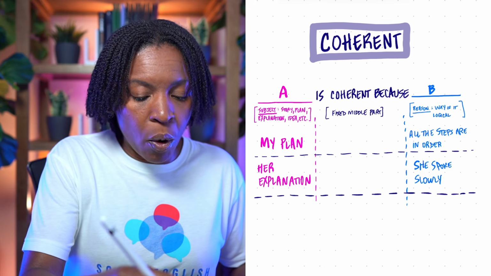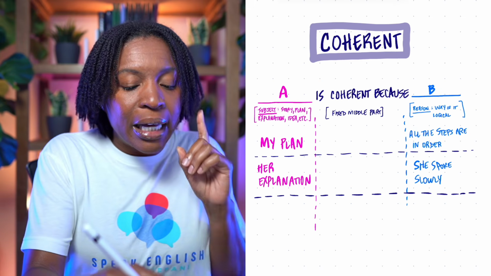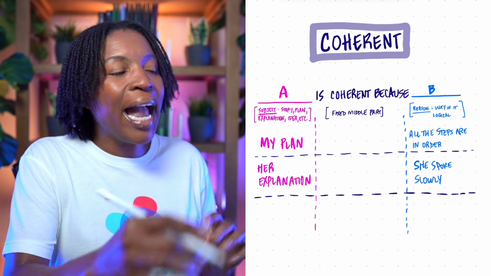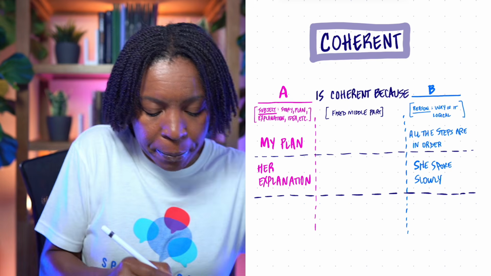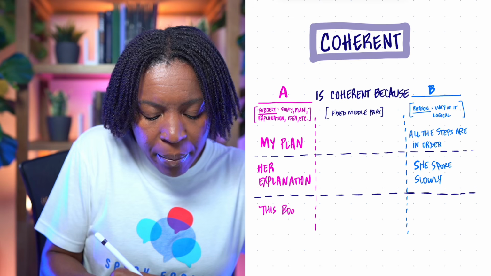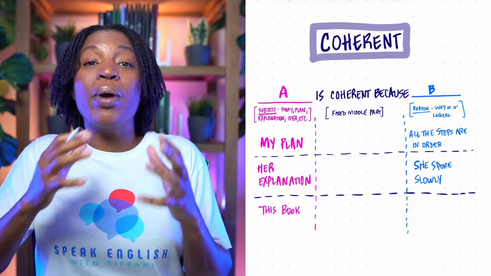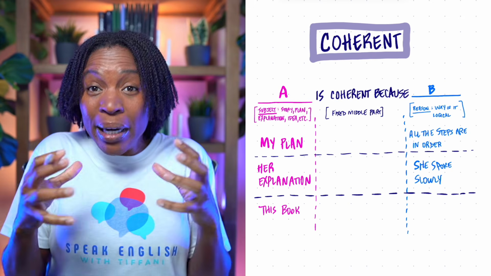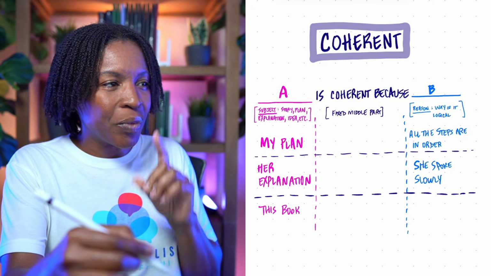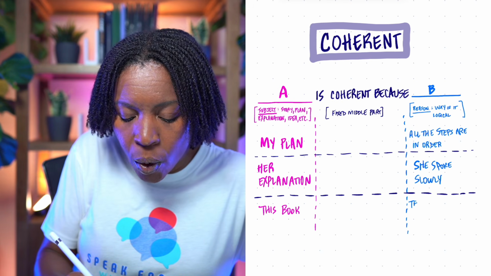Let's do one more. All right, so for our third example, again, based on this simple sentence structure. For letter A, we have this book. Remember, the middle portion stays the same. This book is coherent because. Now we need letter B. We need a reason. Why is it logical? The answer? The chapters are well organized.